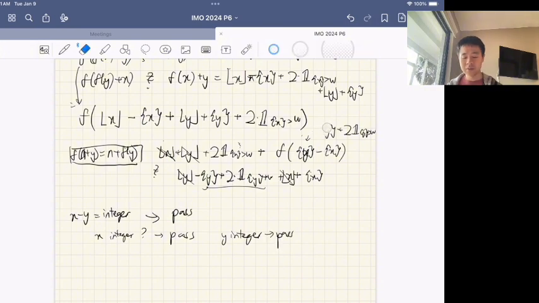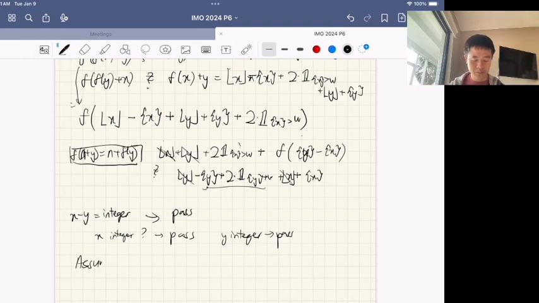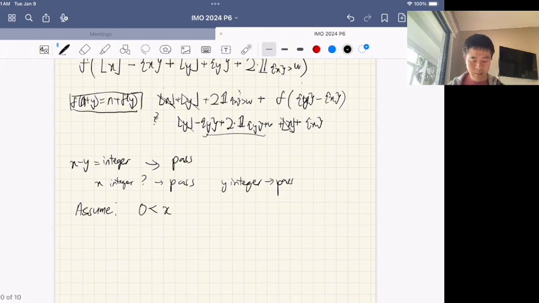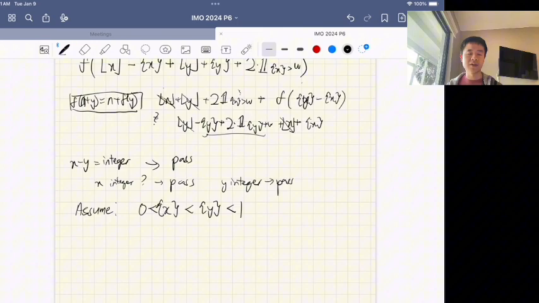So after dealing with all those edge cases, we can now assume that we have something like this, meaning that neither of them is an integer, and also the difference is not an integer. So this is the more general case.